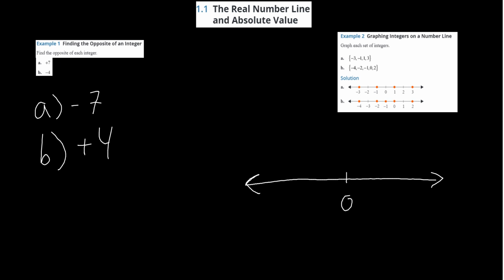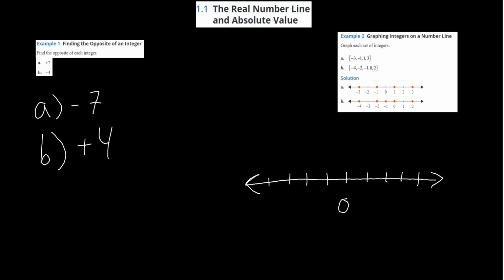It's an arbitrary spot, but I like to put 0 in the middle if I know how far out I'm going left or right. Then we're going to go right 1, 2, 3, 4, and then left 1, 2, 3, 4. We're going to try and stay consistent with the distance. Obviously these aren't exactly the same distance apart from one another, but that's just the way it is. That's also why I snipped the entire solution to example 2, because it's a lot prettier that way.